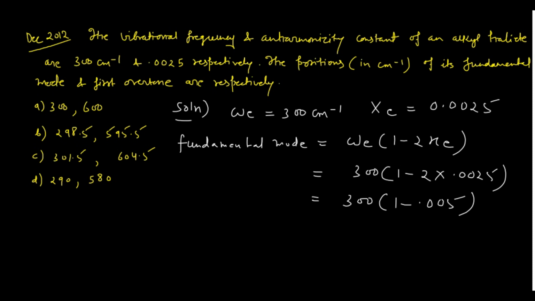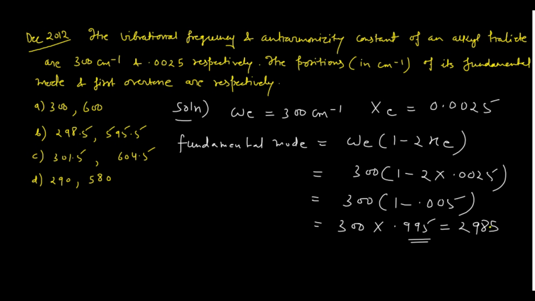If you solve this, it will give you 300 times 0.995. If you multiply all these things, 3 5s are 15, 3 9s are 27 and 28, 3 9s are 27, 28, 29, 2985, and since 3 decimals are there, you count 1, 2, 3 and put the decimal here.